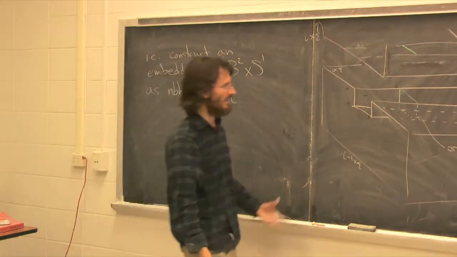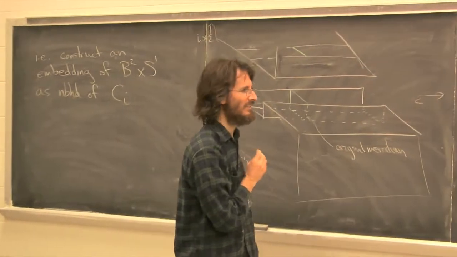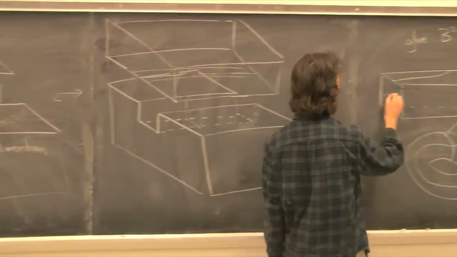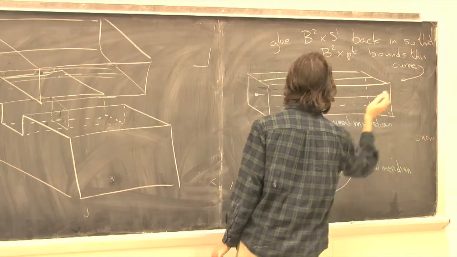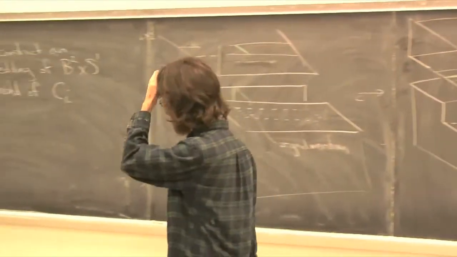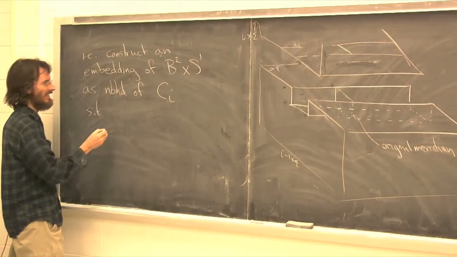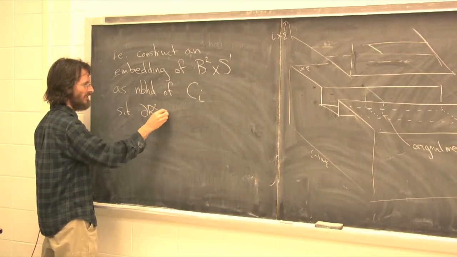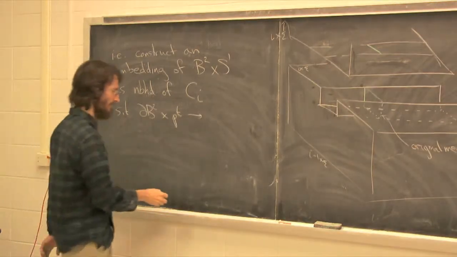So we really wanted to think of the curve C_i as sort of running right through the middle of that solid torus. So the curve C_i running right down there. I want to construct an embedding of this as a neighborhood such that the first thing is that the boundary of B2 cross the point goes to the blue curve.